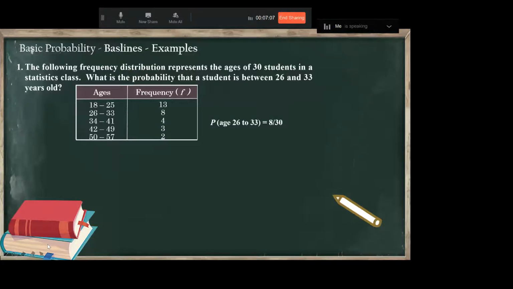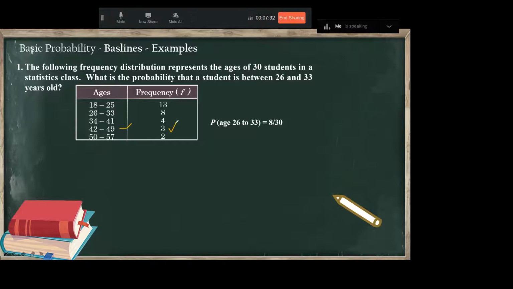For example, this example we have done in class, and some examples I asked you to do. I don't know whether you have done them or not, but I'm sure you have gone through those. Have you gone through those examples? For example, what is the probability that a student is between age 42 and 49?